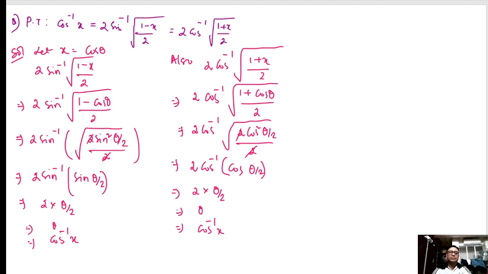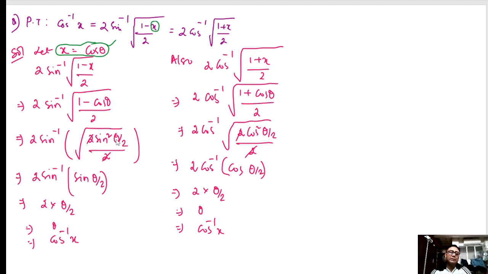Okay, so friends, let's see the next sum. Cos inverse x equal to 2 sin inverse of root over (1 minus x) by 2. We have to prove this. So let x equal to cos theta. We are putting x equal to cos theta. So here this becomes root over (1 minus cos theta) by 2, and 1 minus cos theta is 2 sin square theta by 2. 2 cuts.